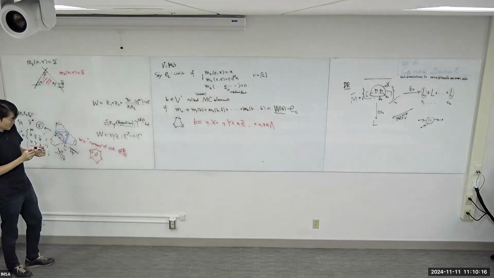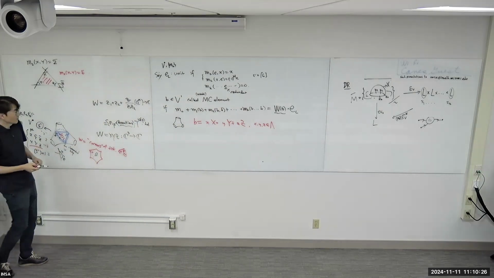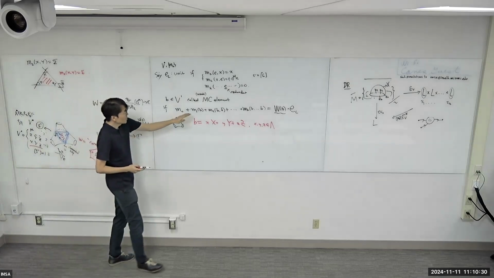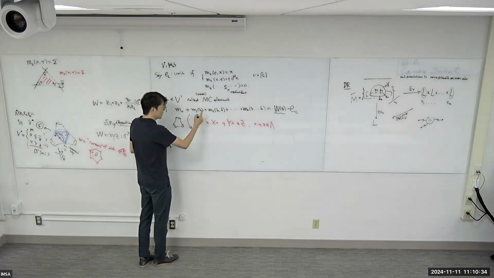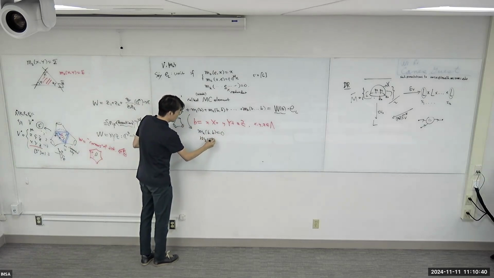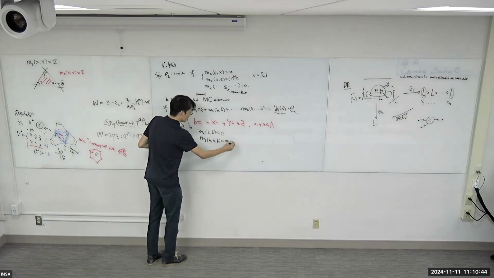If you have suitable finiteness, then you can have them as complex numbers. In this case, you can actually say that they are complex numbers. Then this equation boils down to two identities, which is M2 of BB should be 0, and M3 of BBB is xyz times the identity.